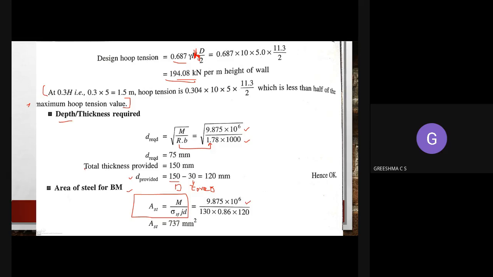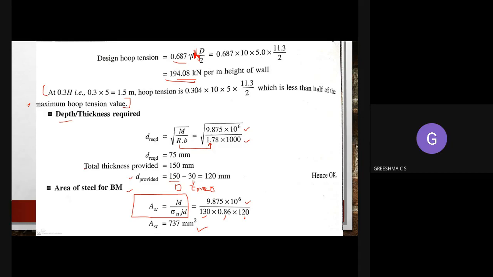Sigma st is 130, which we found at the start, the maximum stress in the steel. J is 0.86, the lever arm, and d is the effective depth, 120. Substitute it, you will get the answer as 737 mm square.